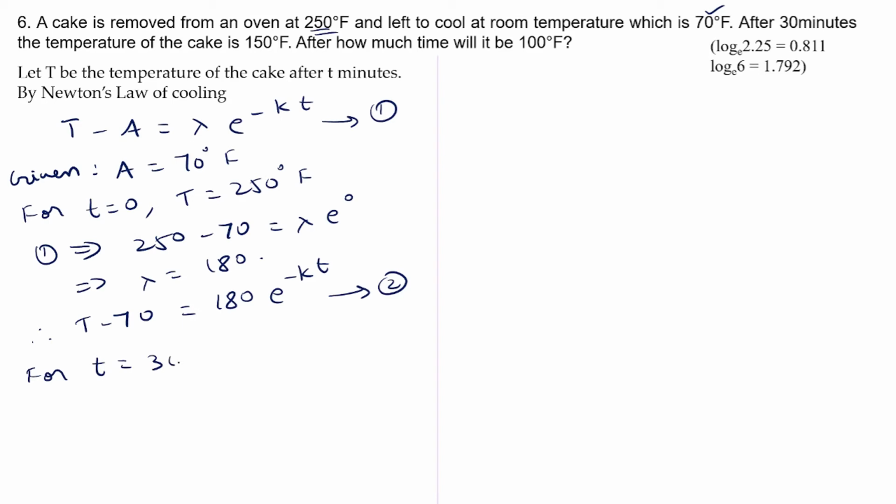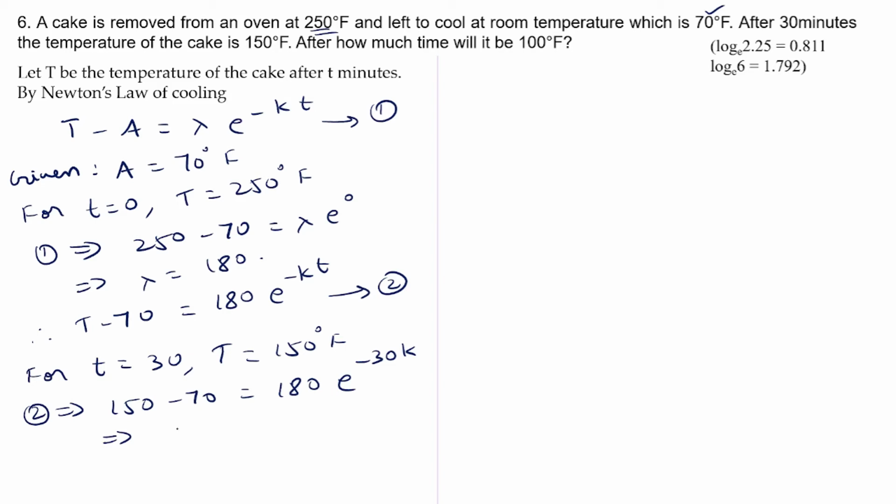For t equal to 30 and temperature 150 degree Fahrenheit, 2 implies 150 minus 70 equal to 180 into e raised to minus 30k. So we are substituting the temperature as 150 and the time as 30.